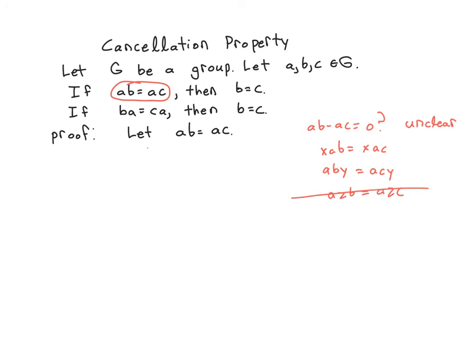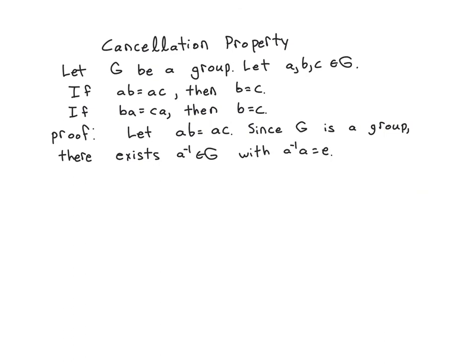So these are the only tricks we're allowed to do to equal signs at this point. So maybe we can multiply by some sort of cleverly chosen x on the left. Can you think of the right choice of x that would somehow get rid of the A? Well, the right choice would be A inverse.